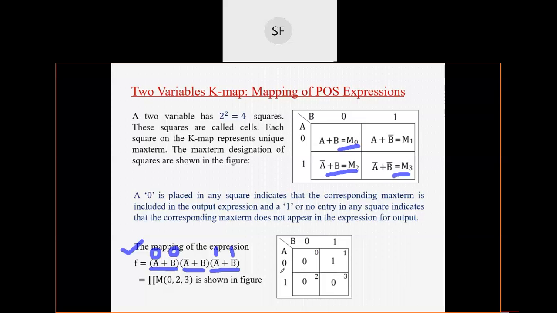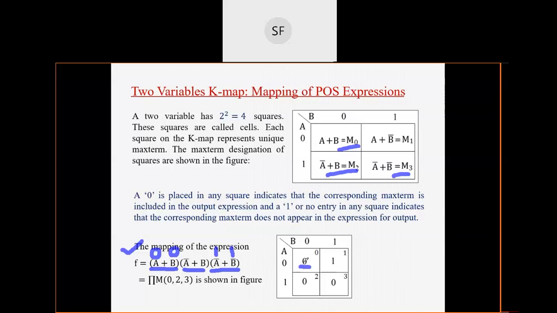While mapping, you should remember that since this is a POS expression, आपको SOP के उल्टा करना है. उल्टा मतलब क्या? In SOP you have written 1, so in POS you have to write 0 for the terms which are present in the function.